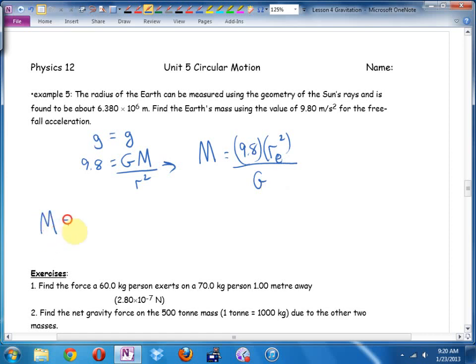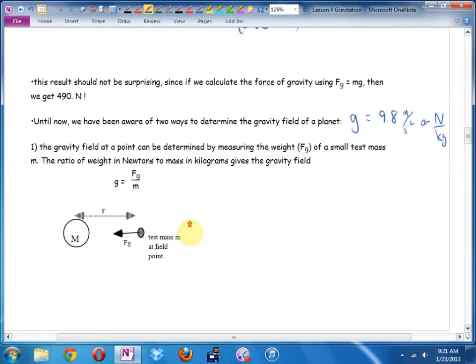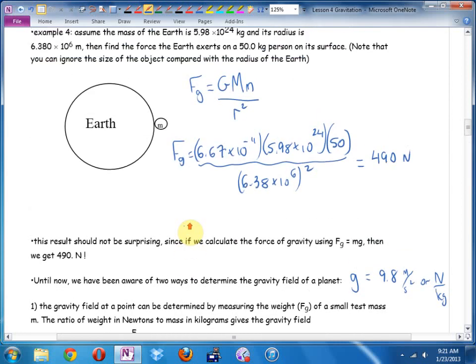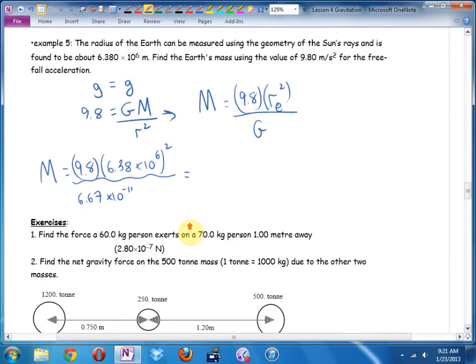Mass of the Earth is going to be 9.8 times 6.38 times 10 to the 6th squared, all divided by 6.67 times 10 to the negative 11. I already told you earlier that the mass of the Earth was, we used it here, 5.98 times 10 to the 24th. See if you get 5.98 times 10 to the 24th.